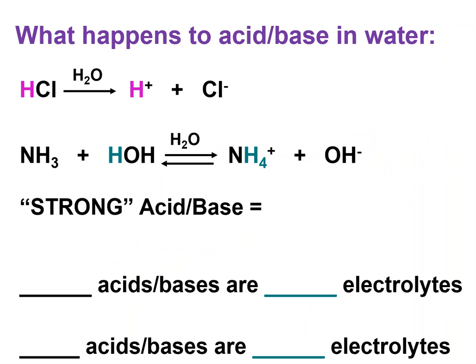Let's look at what they do when you put them in water. Acids look like covalent compounds because they're nonmetals only, but as we've said, acids act ionic when you put them in water.